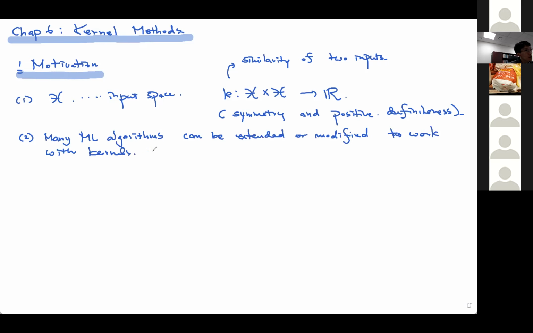Sometimes people call this kernelization or the kernel trick. One consequence is that we can increase the power of the algorithm dramatically. Even though the original algorithm just computes a linear classifier, if you apply the kernel trick, we can change the algorithm so that it works with a non-linear classifier.